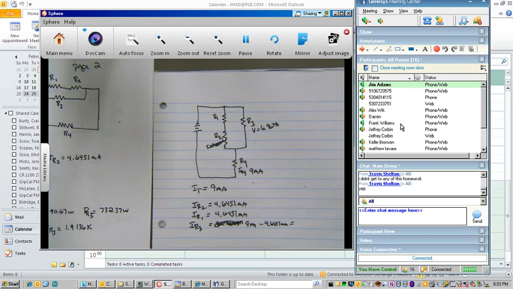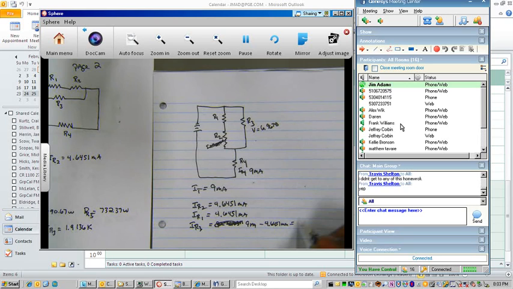Okay, we also know the voltage across R3 is 6.9678, okay? The current through R2 is 4.6451 milliamps, okay? I should write this. So IR2 is 4.6451 milliamps.